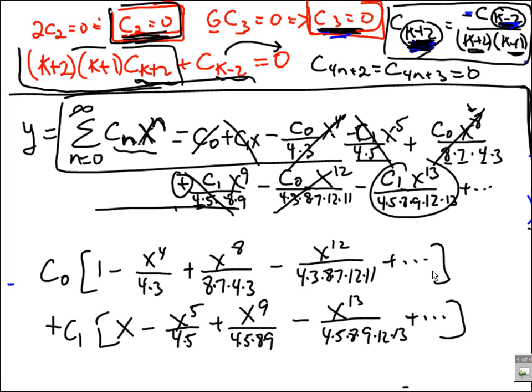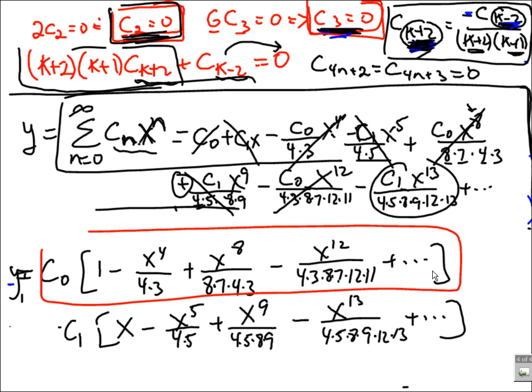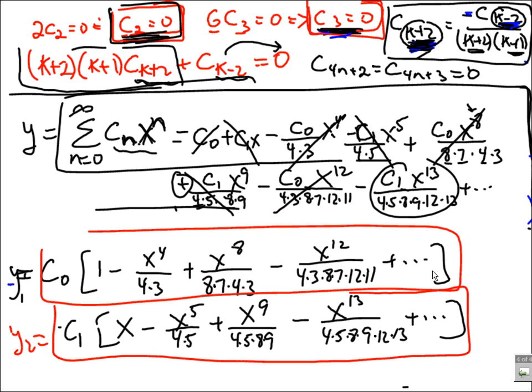Now, so this is one solution. In fact, we can even write it down as two solutions. y sub 1 equals what it says. This is one solution, and y sub 2 equaling that is another solution.